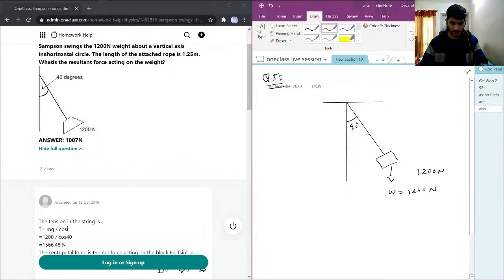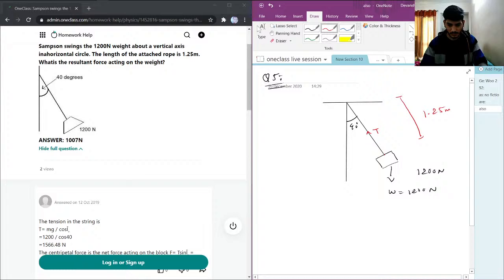Okay, so in this question, we can clearly see that this rope is of length 1.5 meter, which is already given, and this is going to be the tension force, and tension force will have two components.